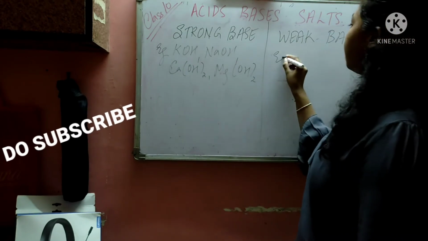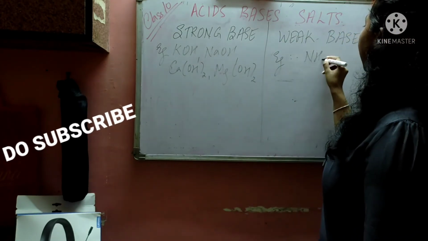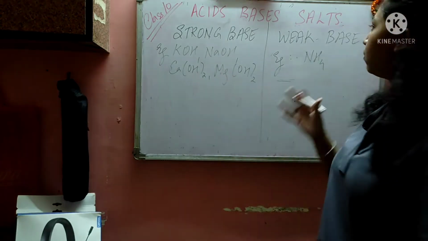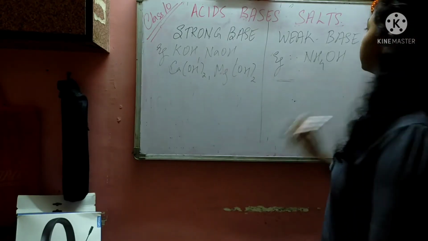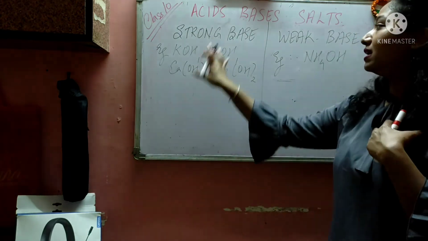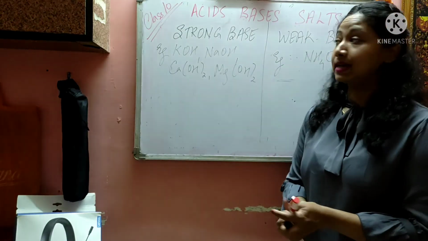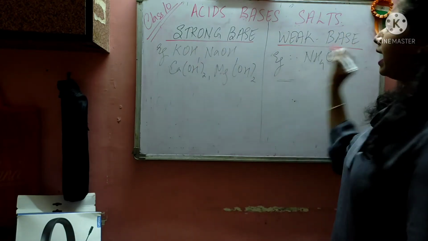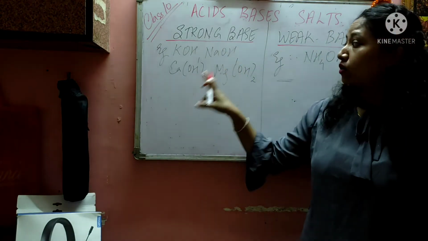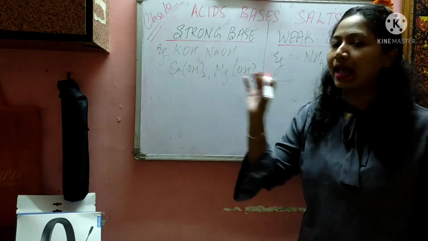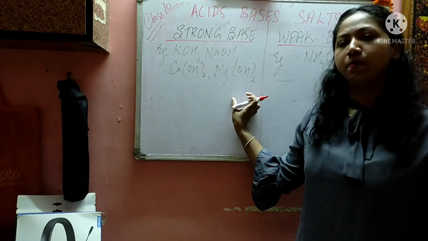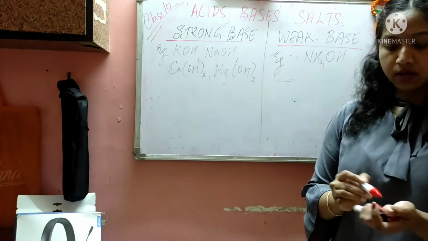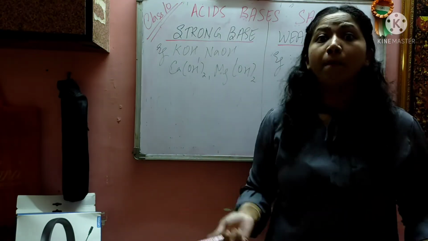An example of a weak base is NH4OH. So the strong bases are potassium hydroxide, sodium hydroxide, calcium hydroxide, and magnesium hydroxide.